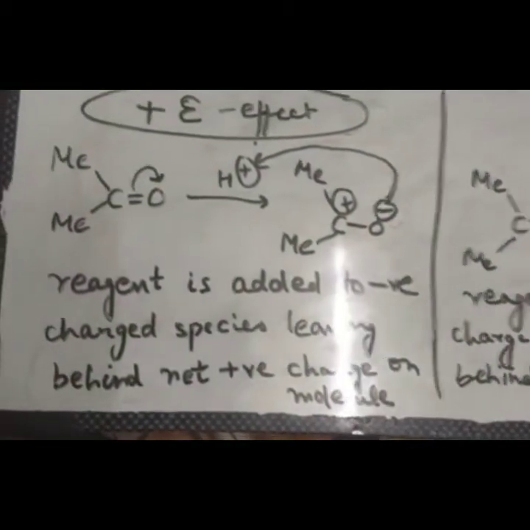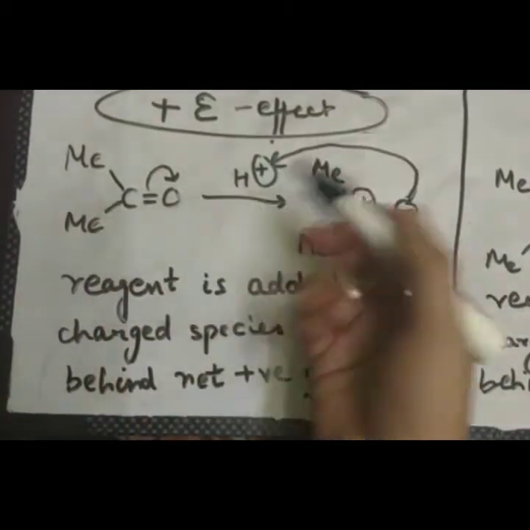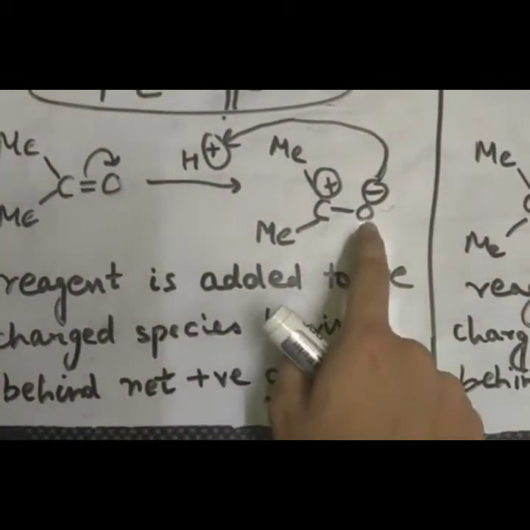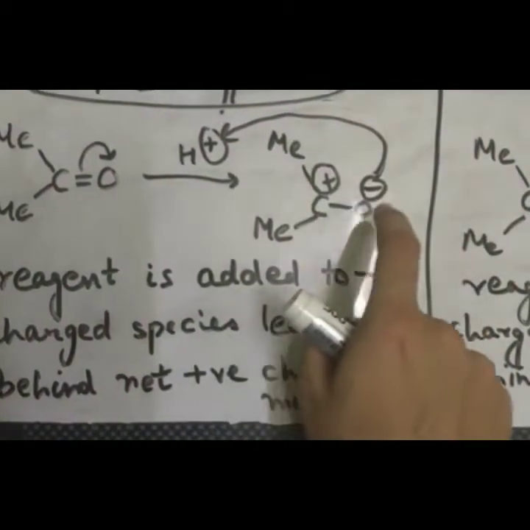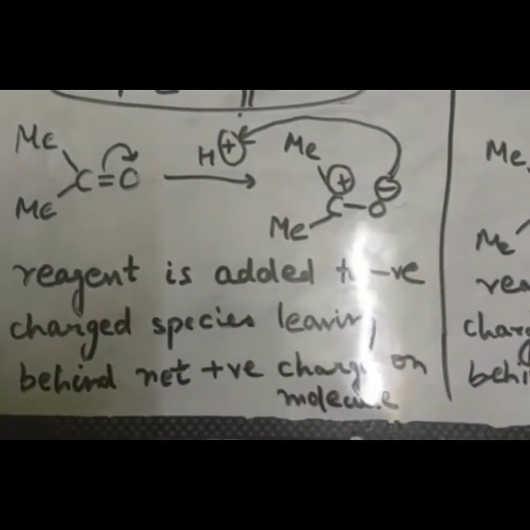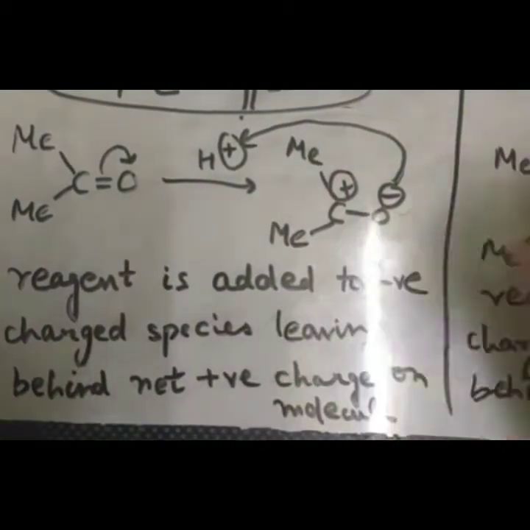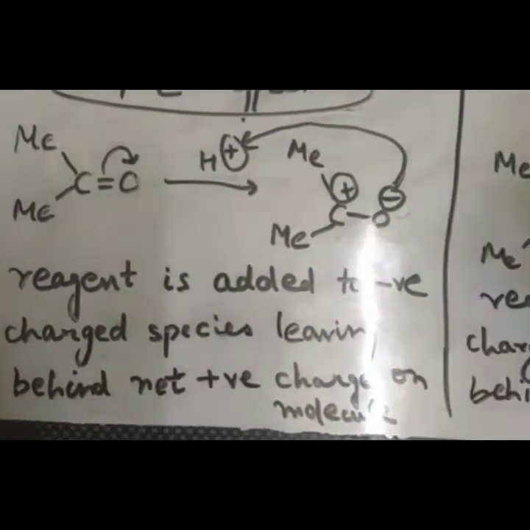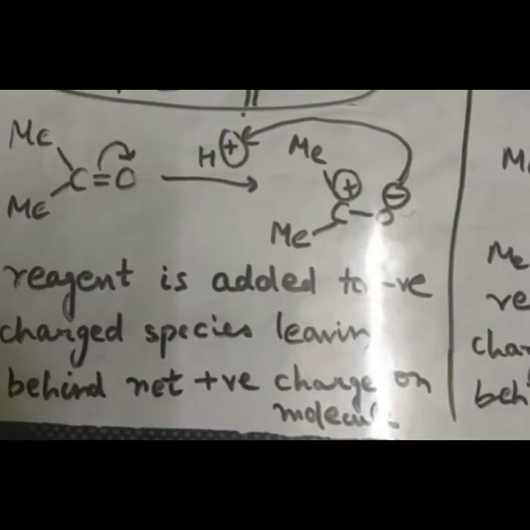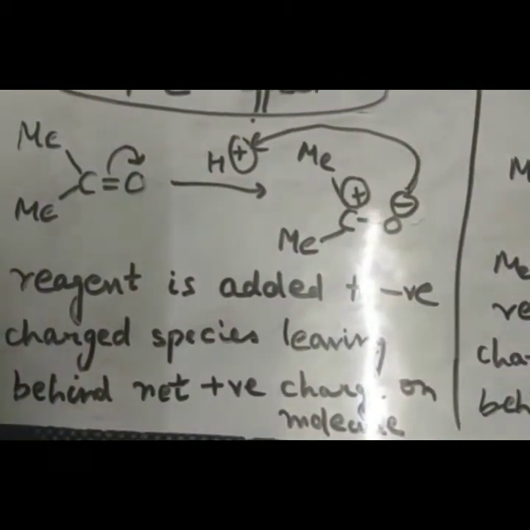The electron pair shifts to the more electronegative atom, so negative charge is generated over oxygen and positive charge over carbon. Since O negative is nucleophilic in nature, I'm also going to upload a video in which I will tell the basic difference between electrophile and nucleophile, and how we judge which one is which. I will be uploading it.